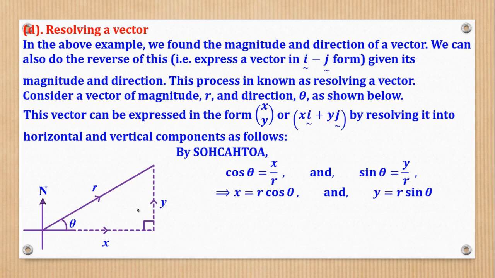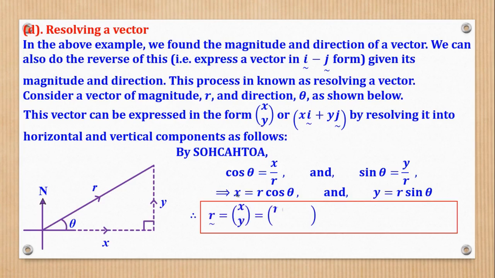That means that I can now express r in the form (x, y) by saying this vector r will be r cos theta and r sin theta. Now I want you to master the order. The upper part has cos, the lower part has sine.